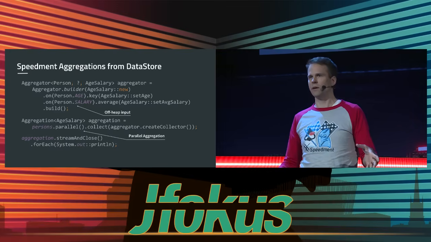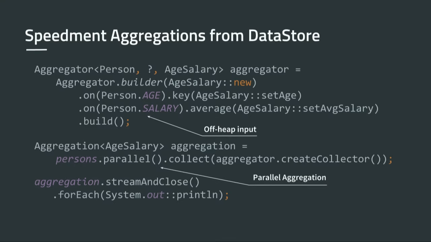So instead of having getters on persons, we can use this instead. And as you see here, we use person age and person salary, which are generated by Speedment at design time from the metadata of the person. And they contain enough information for the runtime to deduce how to extract that very data from a serialized person.